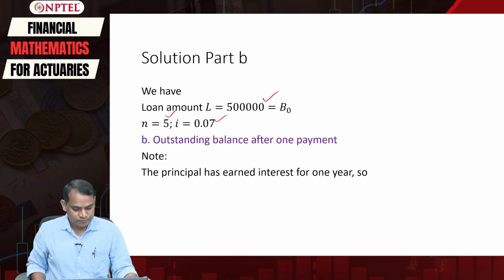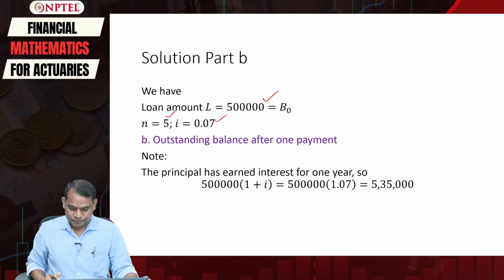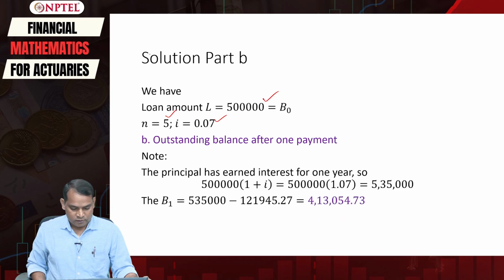Here the principal has earned interest for 1 year, so we have 5,35,000. Then B1 can be simply computed as this amount minus the installment amount we had seen here.